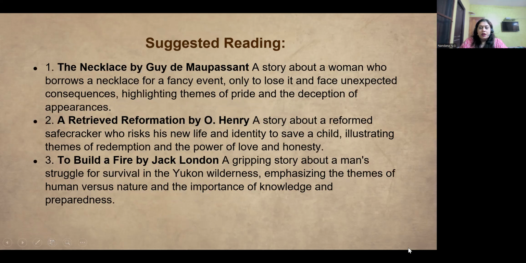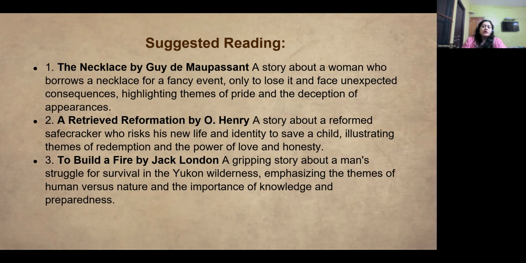Suggested reading. The Necklace by Guy de Maupassant. It is a story about a woman who borrows a necklace for a fancy event only to lose it and face unexpected consequences, highlighting themes of pride and deception of appearances. I would suggest the students to definitely go through these stories because they're all related to the themes that we have just discussed.